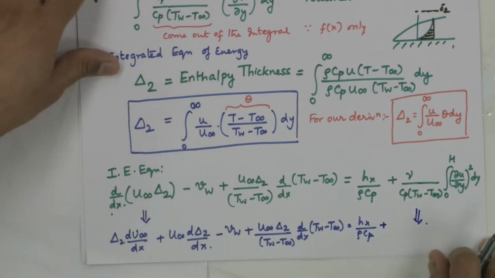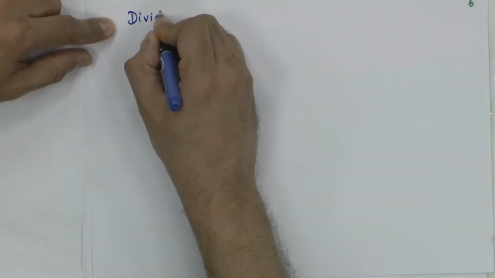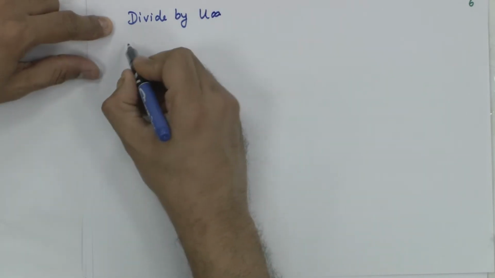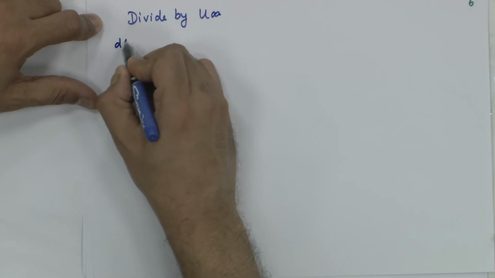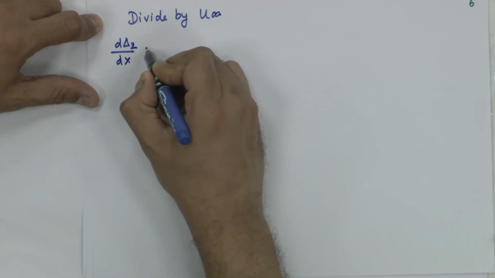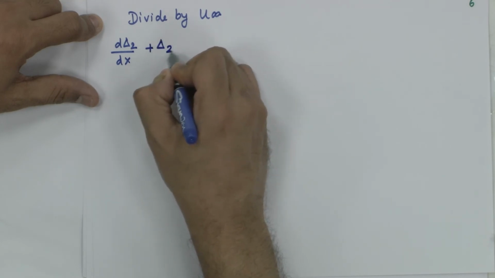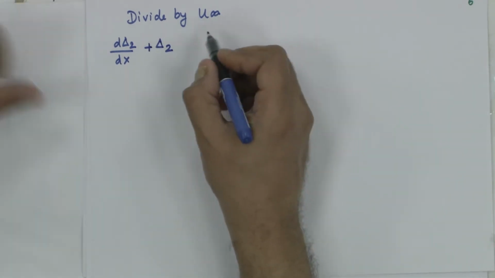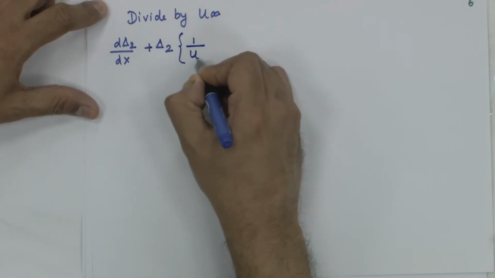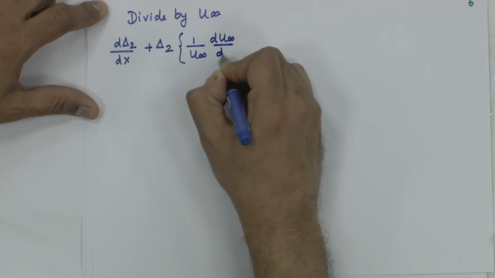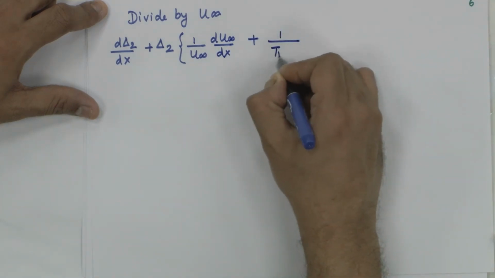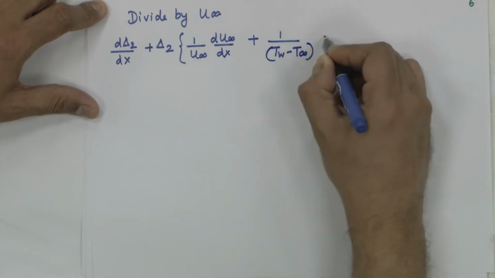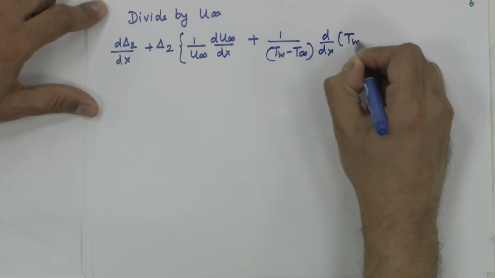Okay. Now, I shall divide throughout by u infinity. I have u infinity here everywhere. So, if I divide through and do the algebra one or two steps more, I get d delta 2 by dx plus delta 2 times 1 by u infinity du infinity by dx plus 1 over Tw minus T infinity d by dx of Tw minus T infinity.